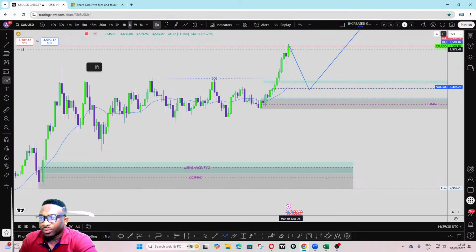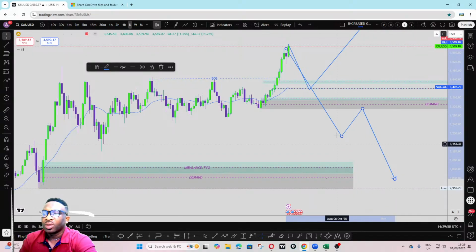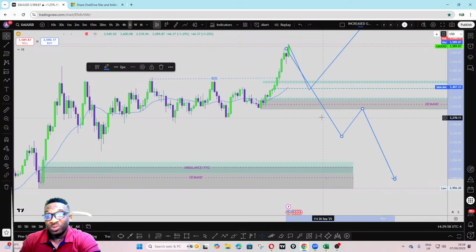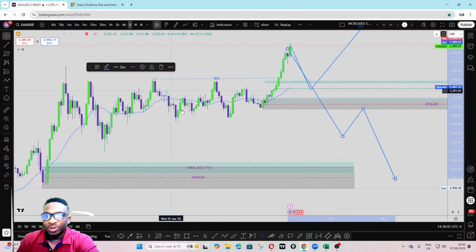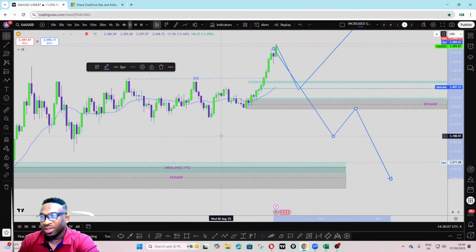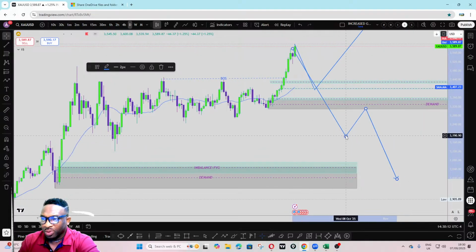Or it could begin to come back, clear all this liquidity here, come back for a retest, and continue to the downside. So this is what we are looking at on gold at the moment. So as I said, trade what you see, trade what the market is telling you by reading the market structure. And then you trade what you see.